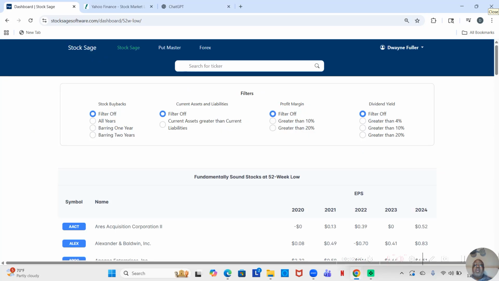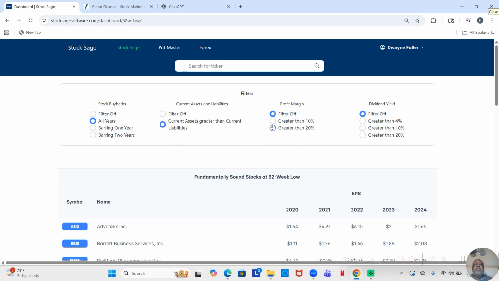And so we're at the Stock Sage app, and we're going to look at Adobe Inc. in here. Now, bear in mind, the Stock Sage app is an app that we can use to find fundamentally sound stocks. If you go to stock buybacks, you could see stocks that were bought back for the last 5 years, current assets above current liabilities, to find stocks with strong balance sheets.